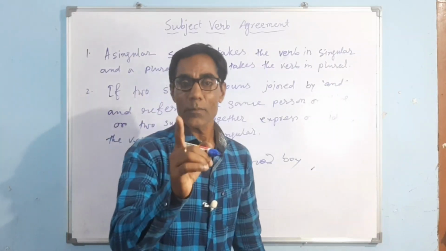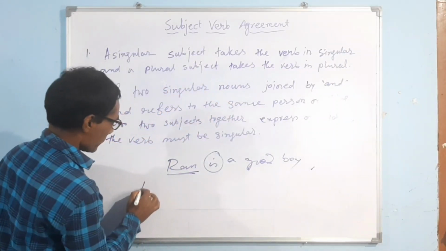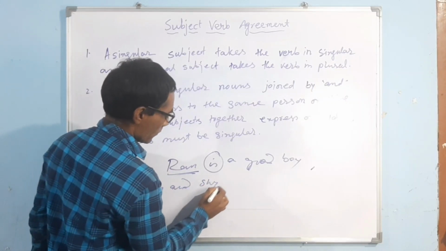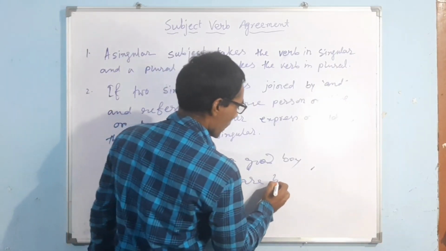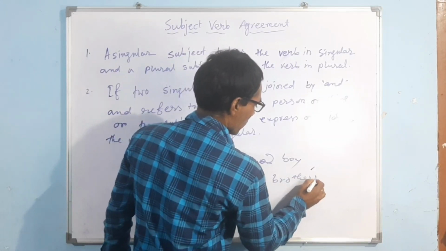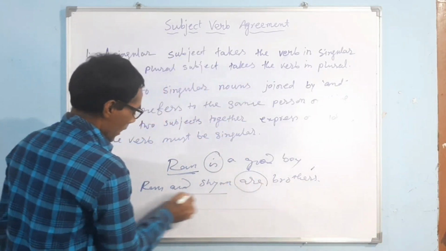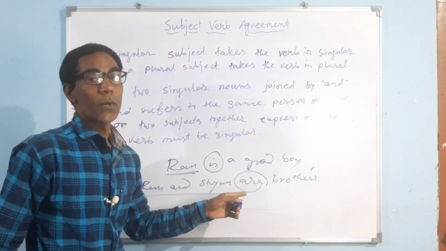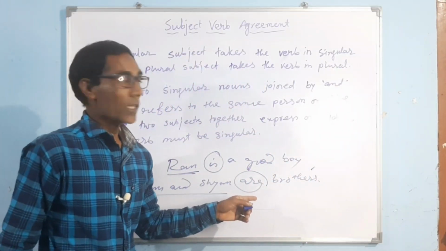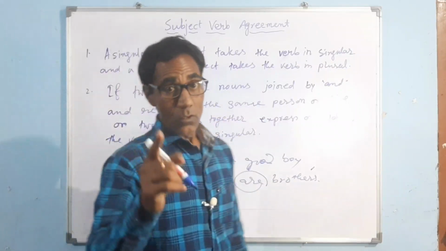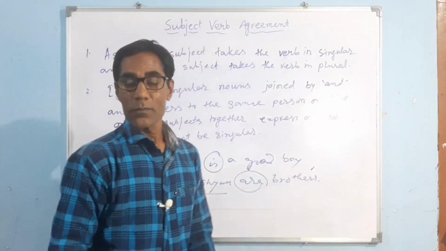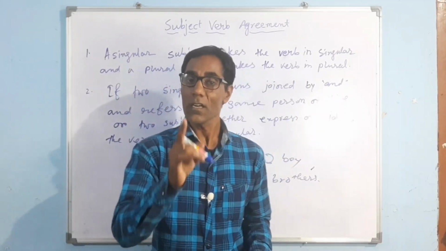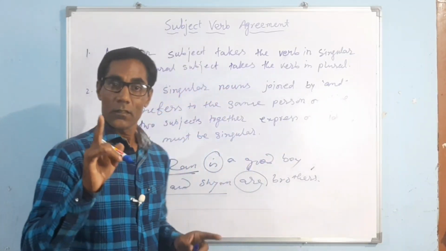And a plural subject, Ram and Sam are brothers. Look here, Ram and Sam, two boys are there, so it is plural, therefore are brothers. Got it? So a singular subject takes a singular verb and a plural subject takes a plural verb. That is the simple thing.